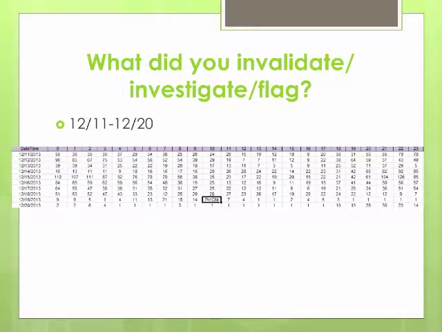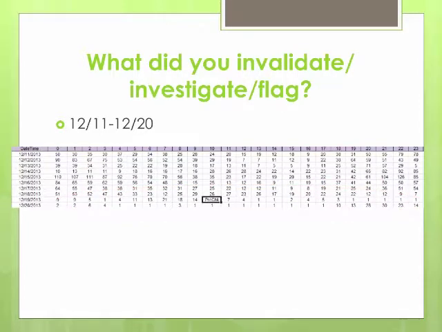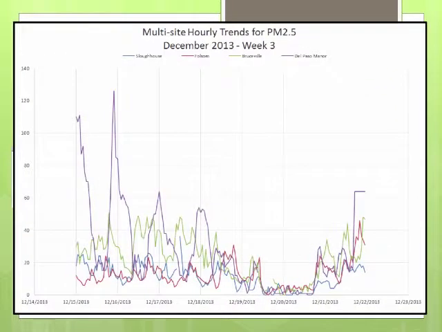All right. Anything else in the week of the 11th through the 20th now? Yeah, so what happened here, these low values? So I heard something about a rain event. It rains, okay. Could that explain low PM 2.5? Oh, yeah. All right, so why don't we look at this graph here that compares all the different sites near Del Paso.